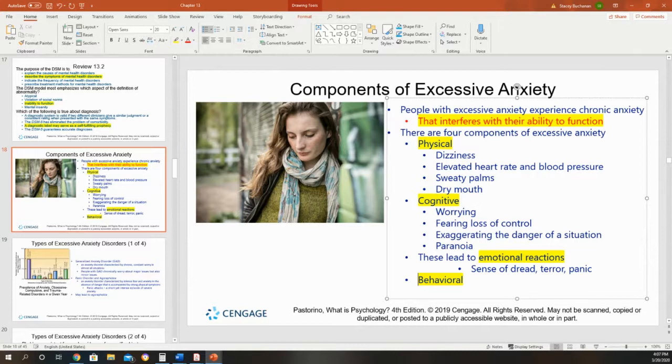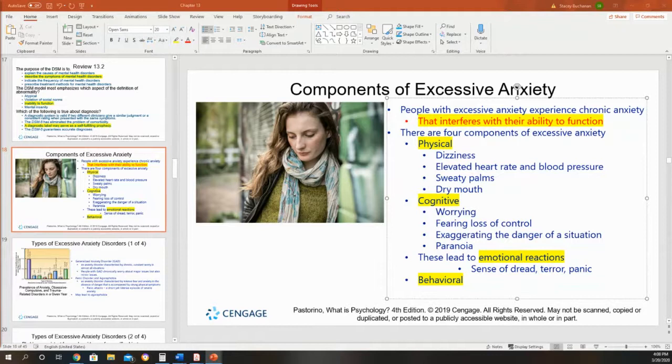So the 4 components of anxiety, as you can see, are physical, cognitive, emotional, behavioral. So let's go through each of these. Physical, that one's pretty straightforward. These are the physical signs you show when suffering from anxiety.